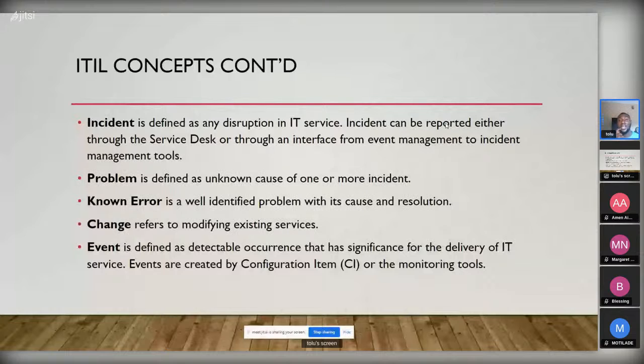Then a problem is when there are different incidents and you don't know the cause of those incidents. That is now a problem, because it has to be fixed. Now, known errors are the ones you've already planned for: this thing might happen, and these are the people that would attend to it.